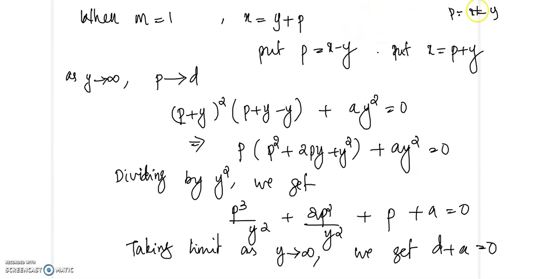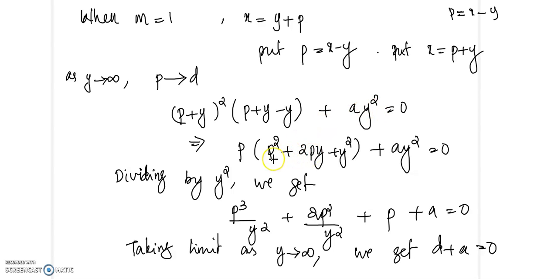Therefore, substituting for x into the equation, x is p plus y. As y tends to infinity, p will approach d. So substitute the value of x. We will get p plus y whole square plus x minus y, that is p plus y minus y, plus ay square equal to 0.